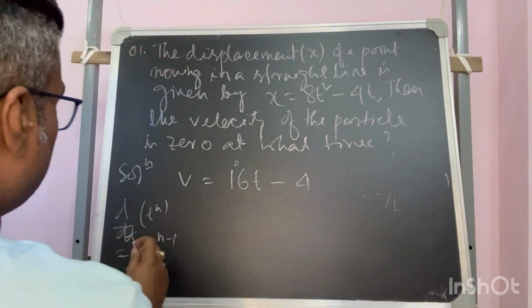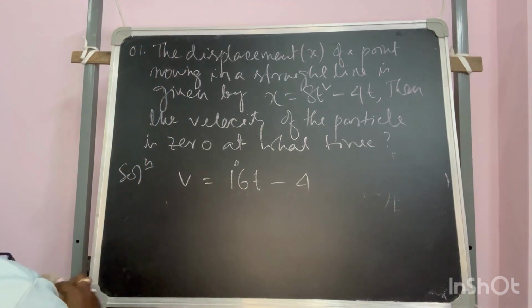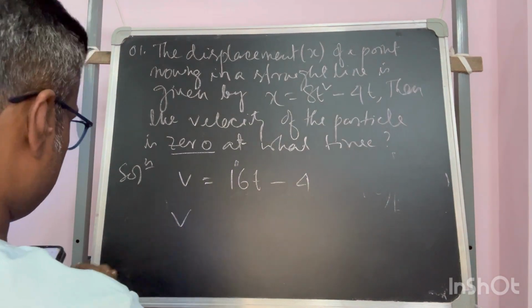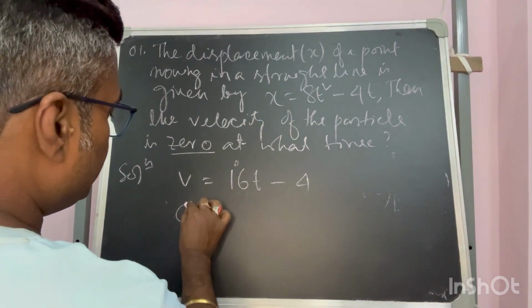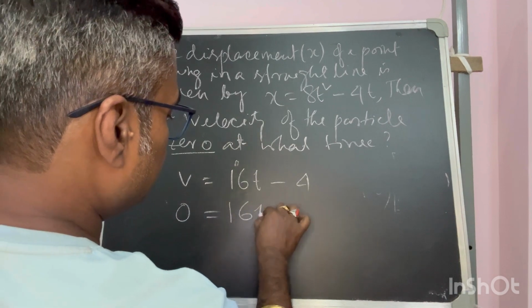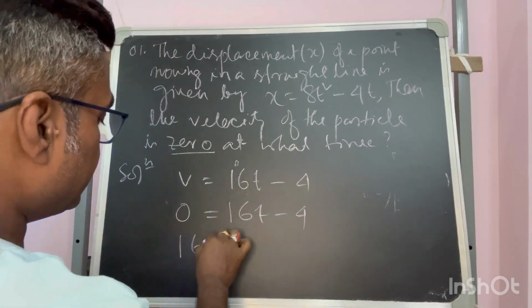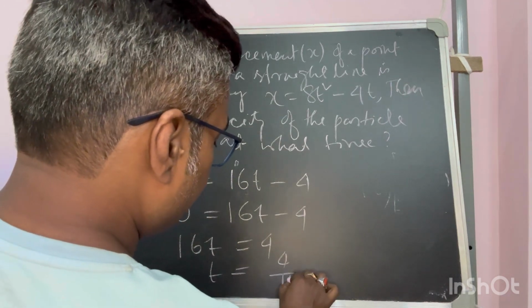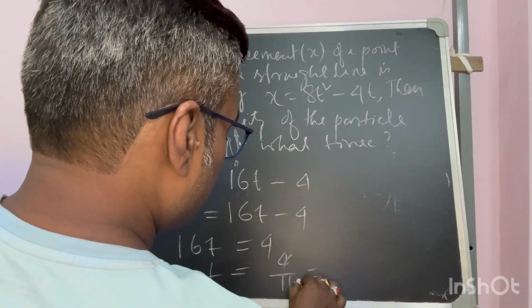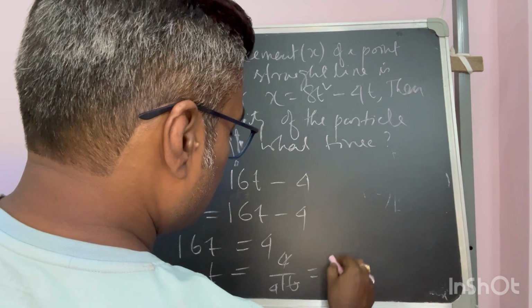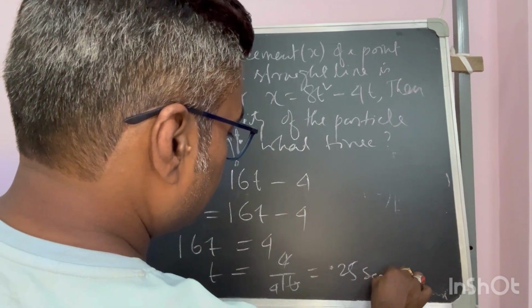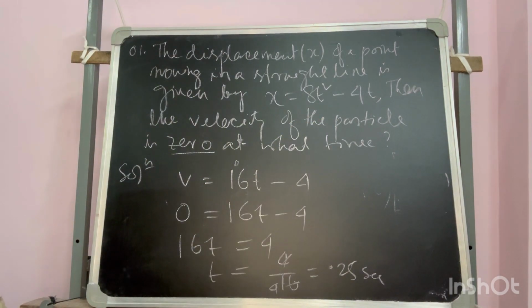Now as per the condition, velocity should be 0. If I put v equal to 0, that will be 16t minus 4 equal to 0, so 16t is equal to 4. So t is equal to 4 upon 16, that means 1 upon 4, that means 0.25 second, because t is in seconds. So that is the requirement of the sum.